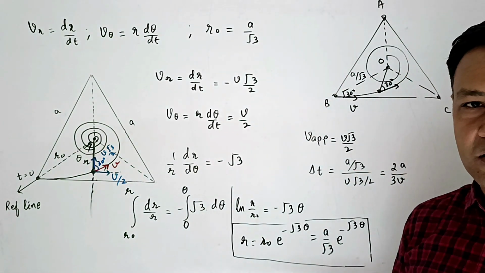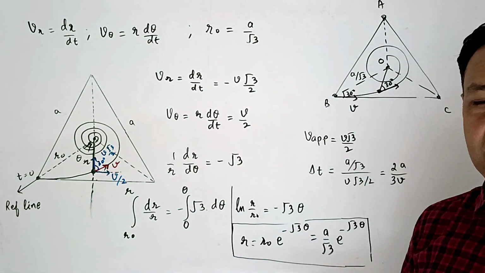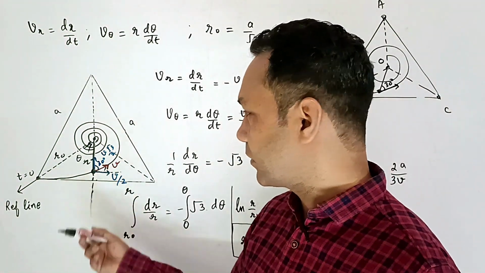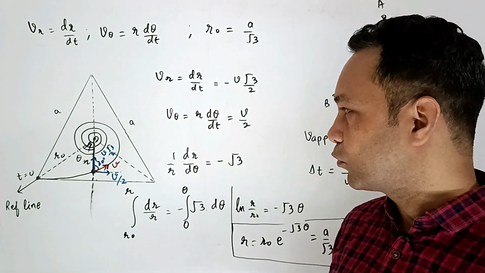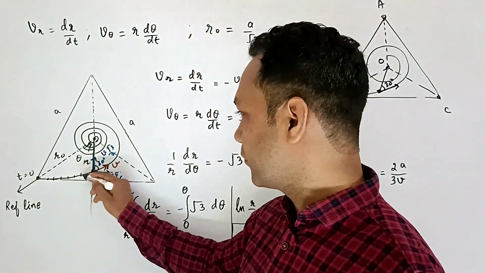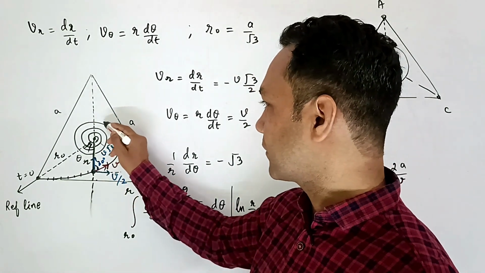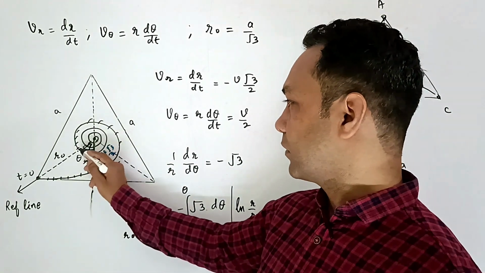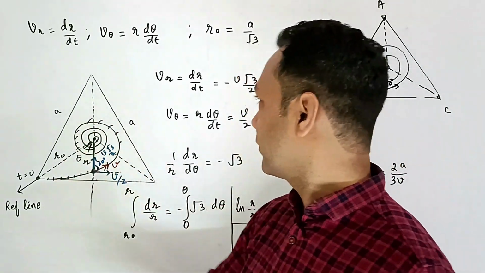But if it is asked how much distance the particle has traveled in one revolution, one revolution means it has rotated by angle 2 pi. Started from here, one revolution will go like this, like this, and up to here. So here this one revolution will be there.